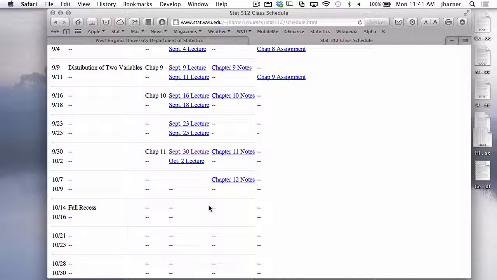And the chapter 12 notes are incomplete. That is, I haven't converted all the code to Markdown from LaTeX. But the first section is, and what I'd like to do today is finish chapter 11 and talk about the first section in chapter 12.